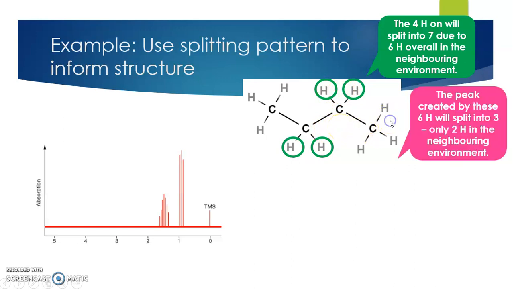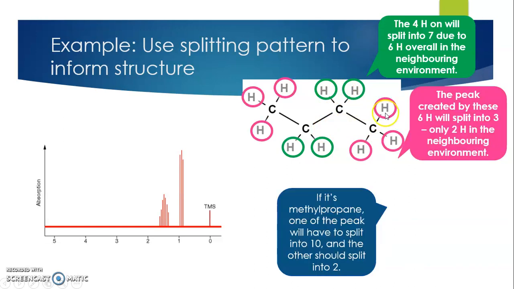And let's look at the rest of these 6 hydrogens. These 6 hydrogens will only split into 3. You'd be like, wait, but there are 4 hydrogens in the neighboring environment. But if you look at these 3 hydrogens, the only thing that will affect the peak is these 2 hydrogens. And similarly happening here.